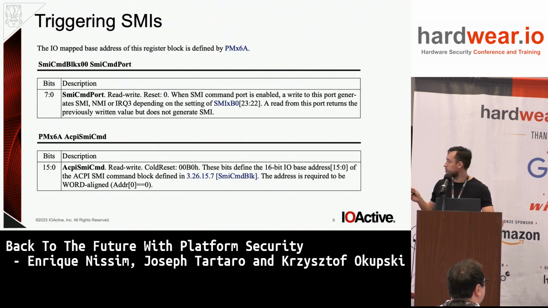There are two ports in the power management controller configuration that have to be reviewed first. The default is to be 0, so that's important. You probably have to write to them or check those ports beforehand.